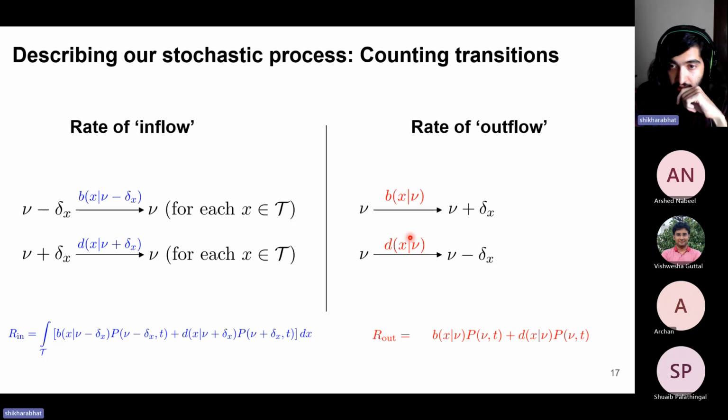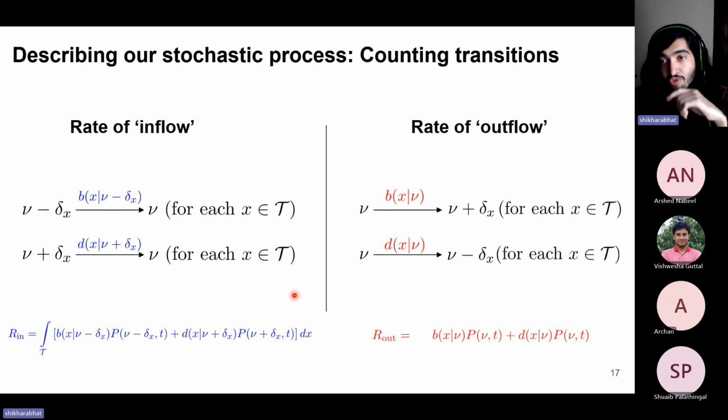And for the death rate, the transition rate from nu to nu minus delta X is D of X given nu, and the probability of finding the population nu is P of nu, t. Notice that once again, this is true for each X in the trait space. And so to find the total rate of outflow, we will need to integrate over all possible trait values.